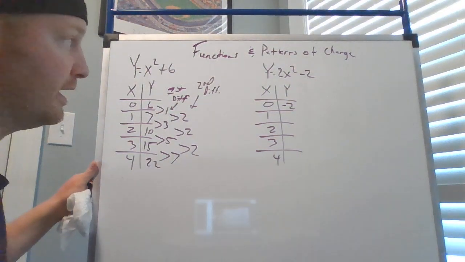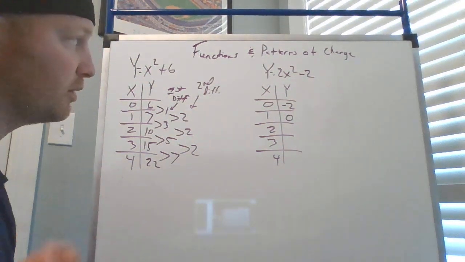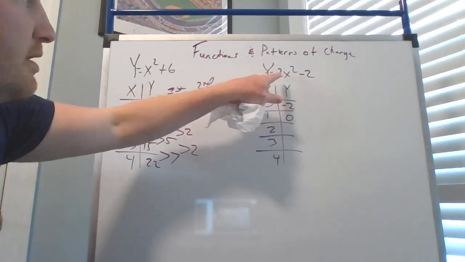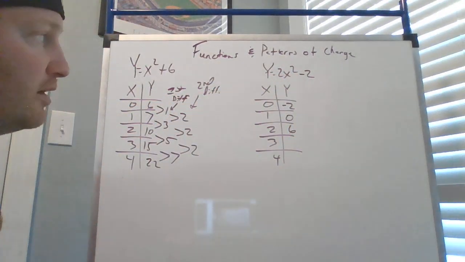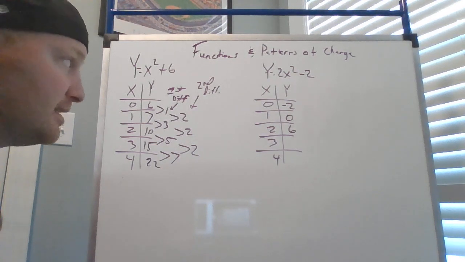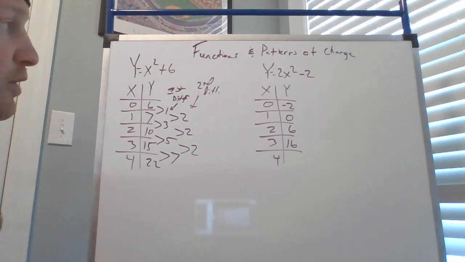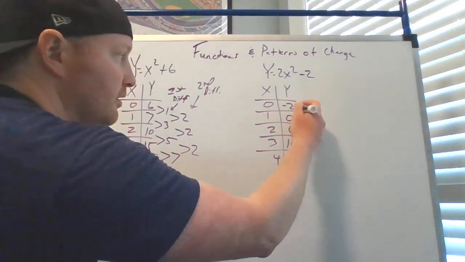When x is 1, y is 0, because 1 squared is 1 times 2 is 2, 2 minus 2 is 0. 2 squared is 4, times 2 is 8, minus 2 is 6. 3 squared is 9, times 2 is 18, minus 2 is 16. 4 squared is 16, times 2 is 32, minus 2 is 30.